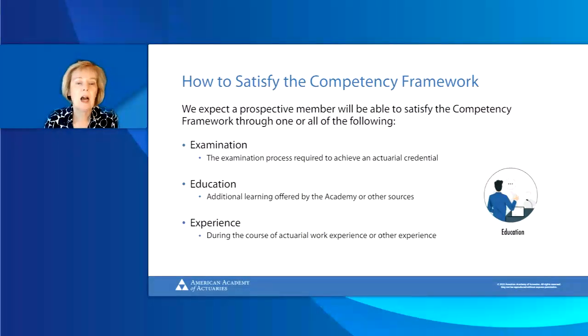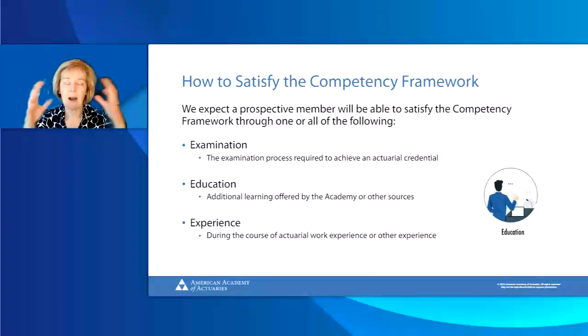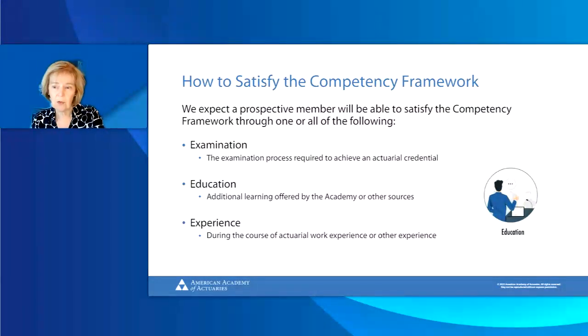But these three options are designed to provide the flexibility that will ensure the highest level of professionalism and expertise within the actuarial field, allowing you to cover and gain the competency through all aspects of the framework without having to do a lot more than you're currently doing.